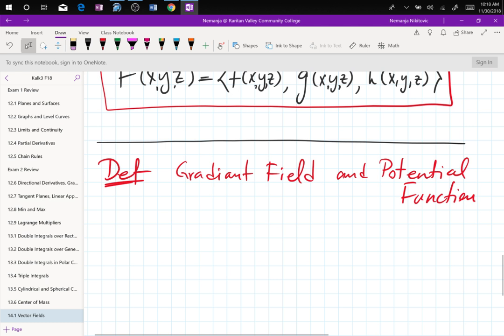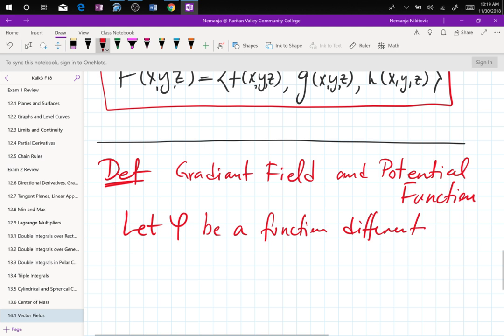So what do I have? Let phi, the Greek letter phi, be a function differentiable on a region, on either R2 or R3. Works for all of them. Well, it works for R4 and R10, but whatever.